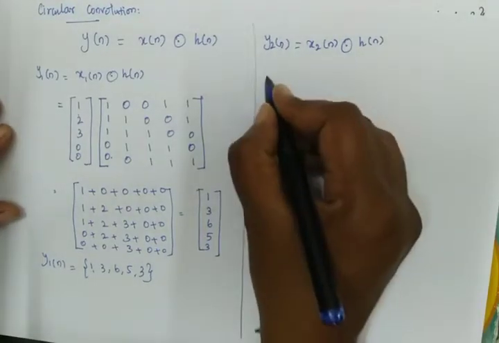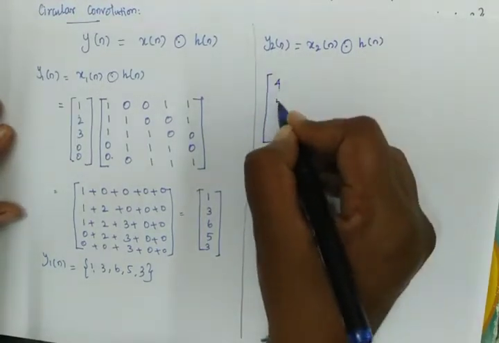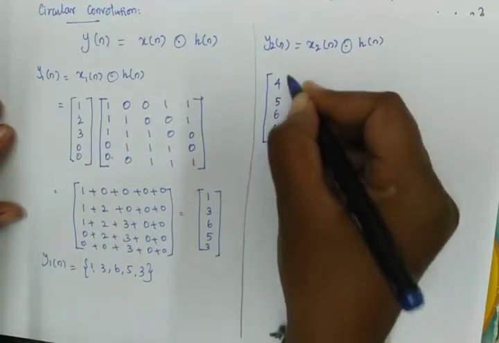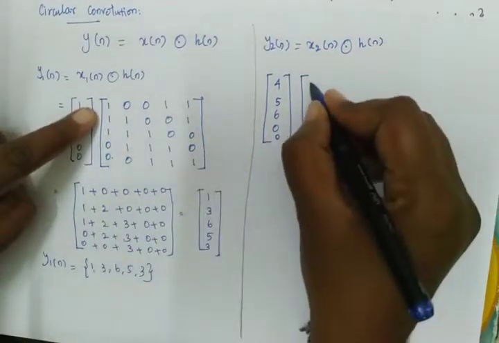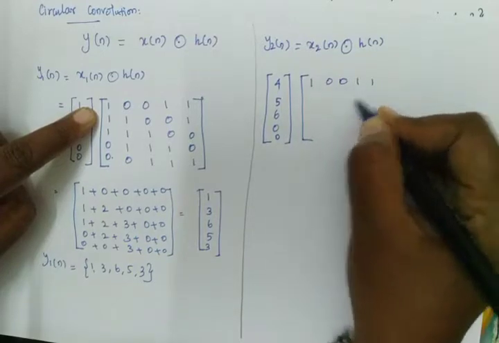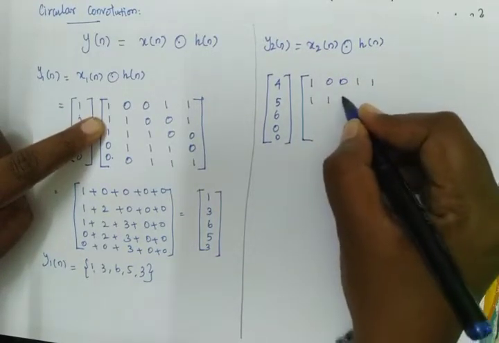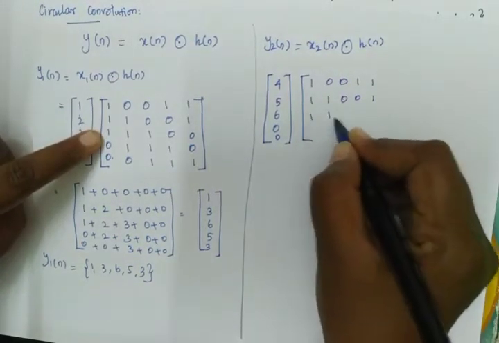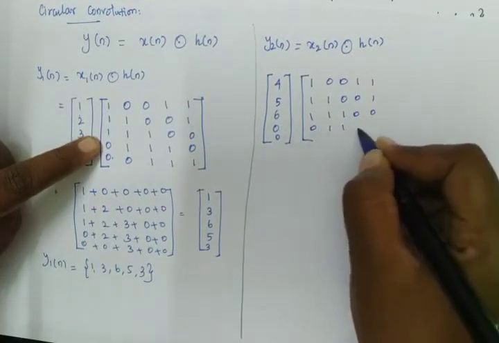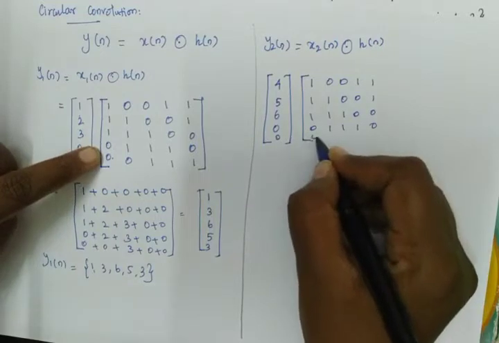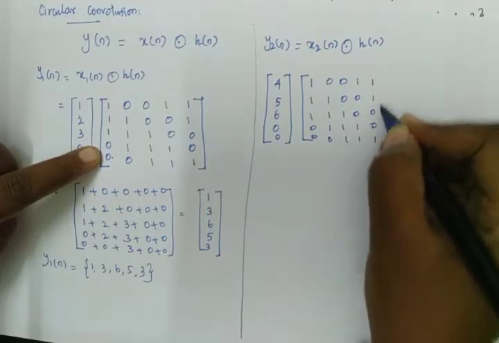So here we have to multiply that 4, 5, 6, 0, 0 with this h of n. Already we have written here 1, 0, 0, 1, 1. Then 1, 1, 0, 0, 1. Then 1, 1, 1, 0, 0. Then 0, 1, 1, 1, 0. Then here it is 0, 0, 1, 1, 1.